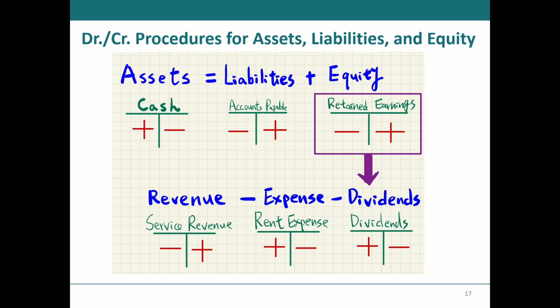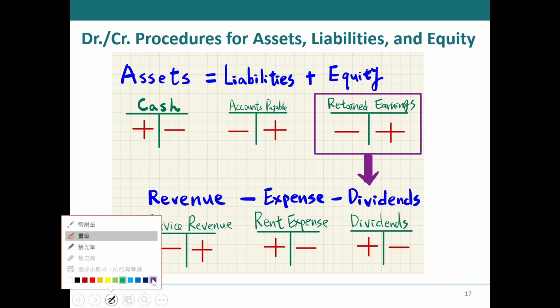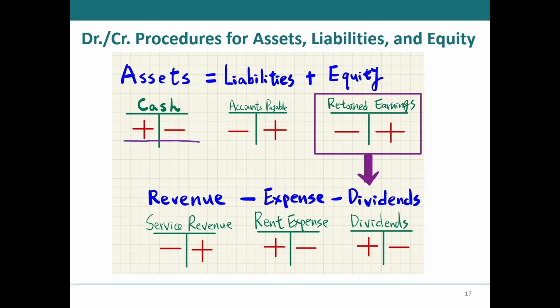Okay. So did you find out? Go back to your slide, page 17. Then, for your cash, the balance on debit side is normal. For liabilities, you should have the balance on credit side. They will be normal, okay?